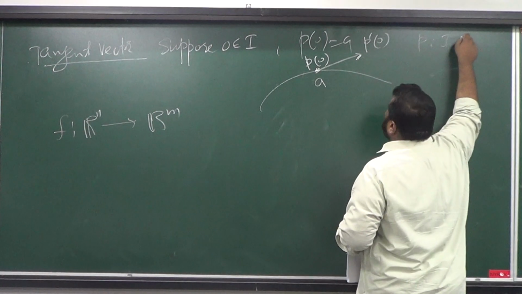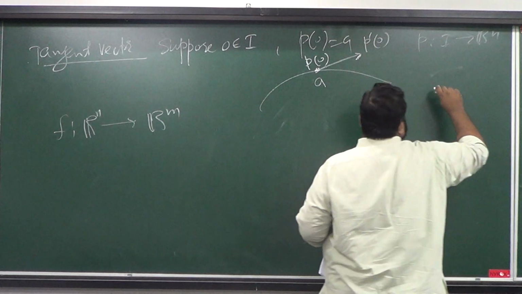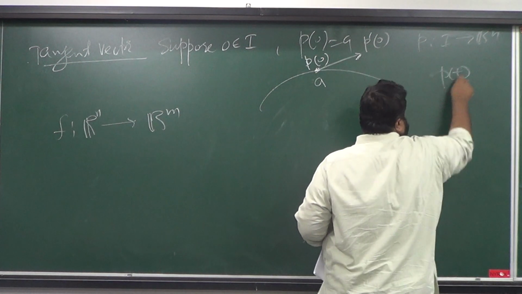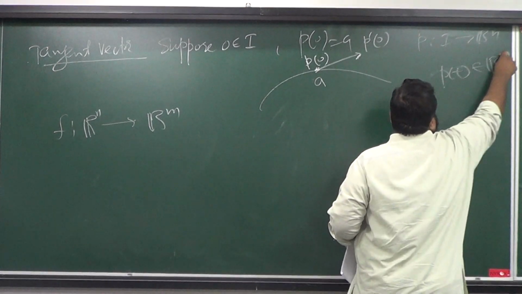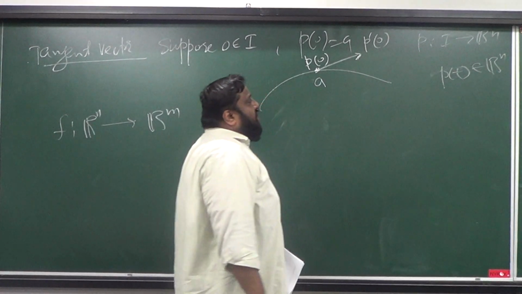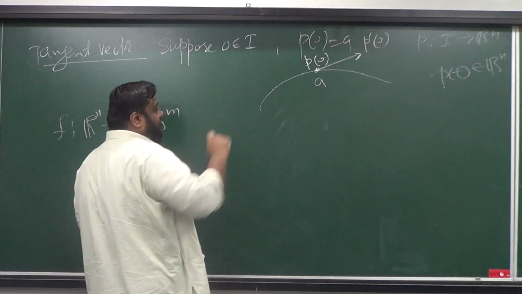So p is a map from I into Rn actually. So p of t, at an arbitrary point, is a point in Rn. So this is p of t, the graph of p of t.